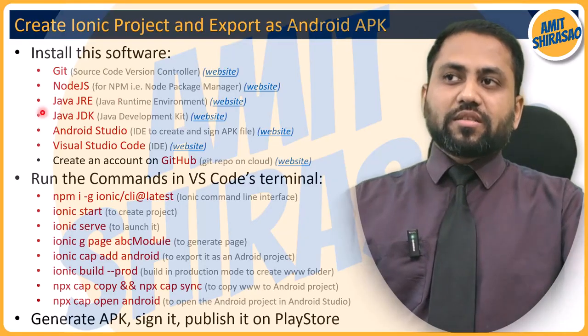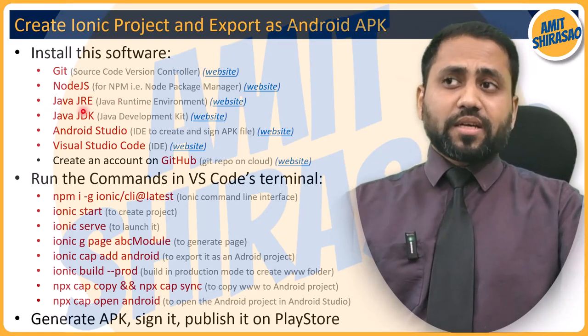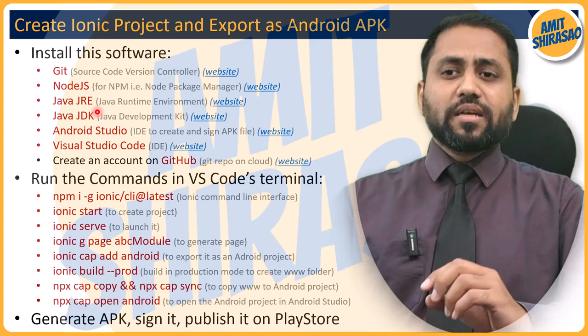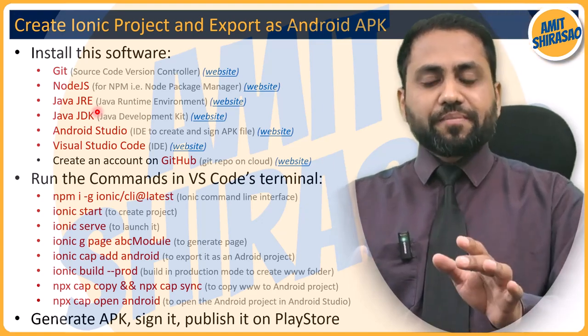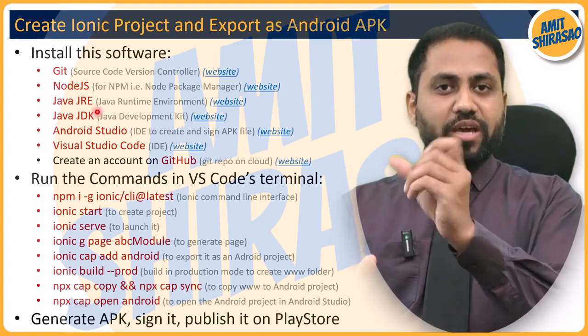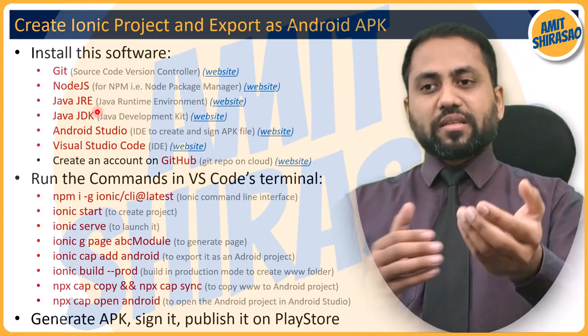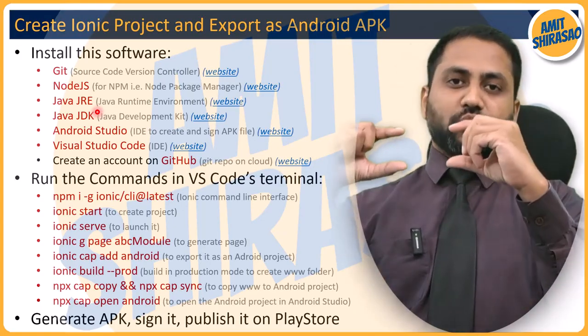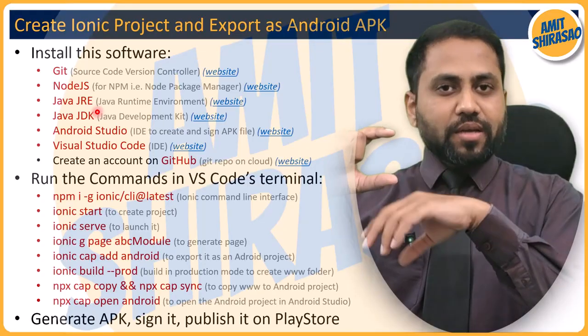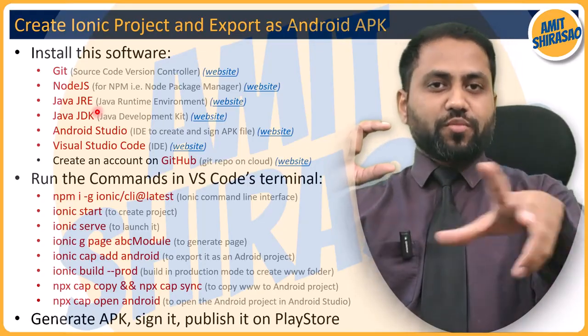Okay, then JRE, this is Java Runtime Environment. The concept of Java is that whenever you write any code in Java and compile it, that means javac, and you give the Java file, then its compilation is done in the bytecode. And then there are Java runtime environments for various different operating systems.